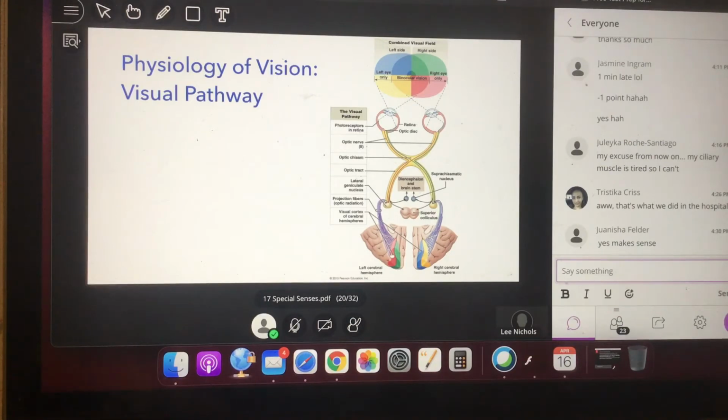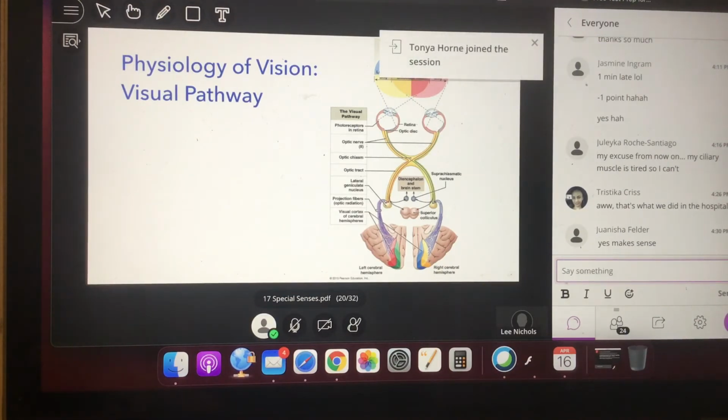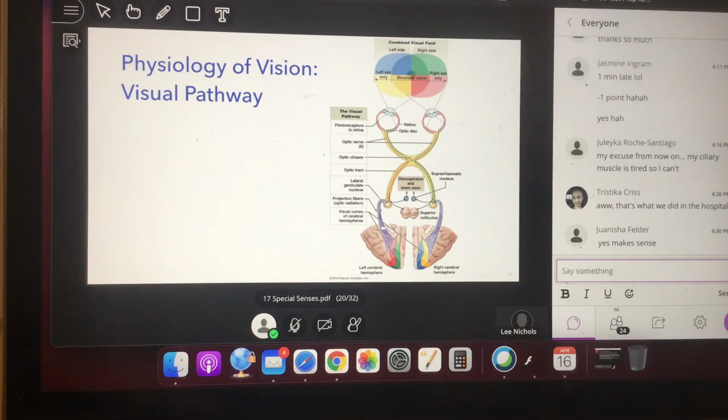Everything to your right field of view will be processed by the left occipital lobe. Everything from both eyes, the stuff from your right eye is going to cross over and join the fibers from your left eye to go to the left occipital lobe. That means that if you're looking directly at this middle point, everything out to the right for both eyes is going to be processed by your left occipital lobe, and vice versa.